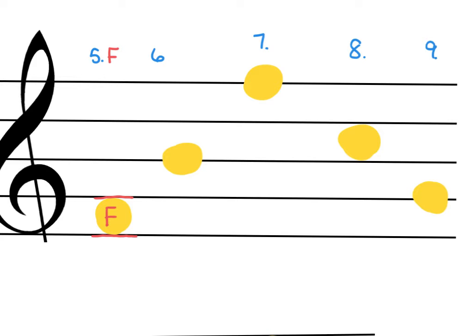Now, note number 6 is right here. So the first question we have to ask is, is it a line or a space? So we have half the note above, half the note below, with a line going through the middle. So it's a line. Now, since we know it's a line, are we going to use FACE or are we going to use Every Good Boy Does Fine?